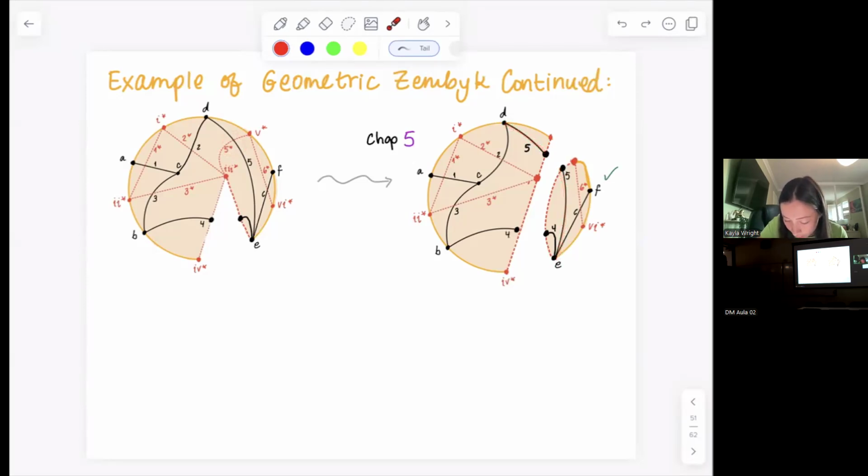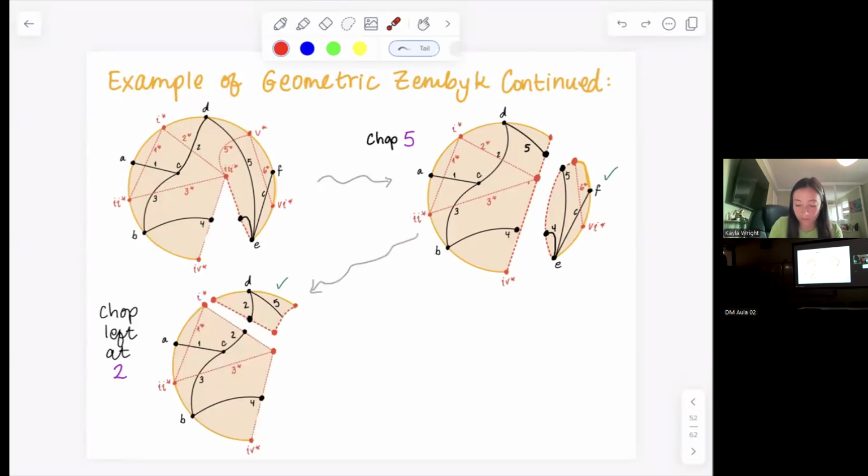And you can think like part of this arc was this 5 star. And then we continue doing this for the 2 other relational vertices that we had from the quiver. So if we chop the left component at 2, then we're going to have, again, this arc 2 is now cut in half. Our dual arc is now this boundary component here.